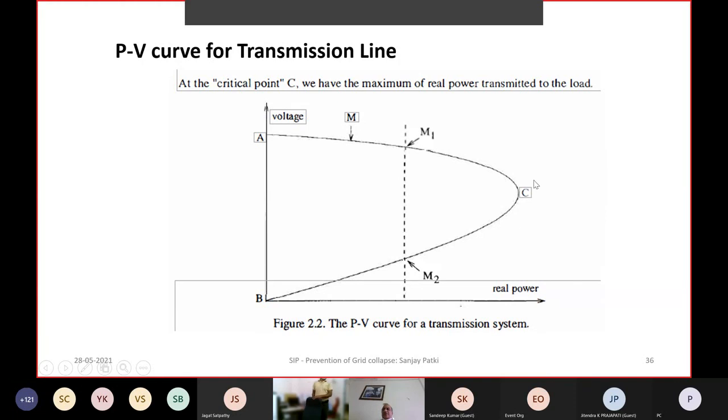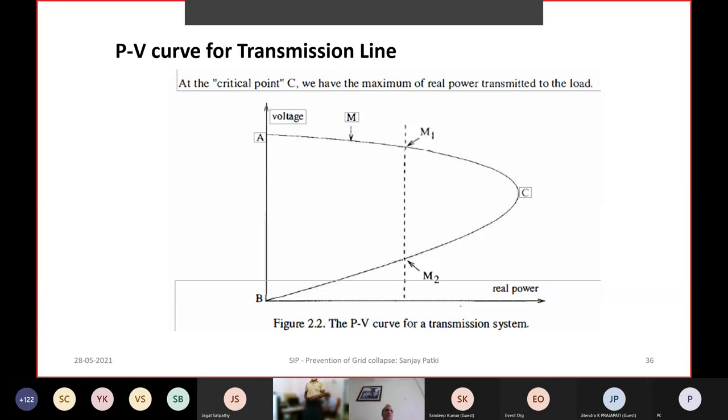The reactive power flow will go up because the motor load will start drawing more reactive power. And finally, the voltage will go down to such an extent, and the line will be overloaded to such an extent, that the distance relay connected to this line may trip due to load encroachment.